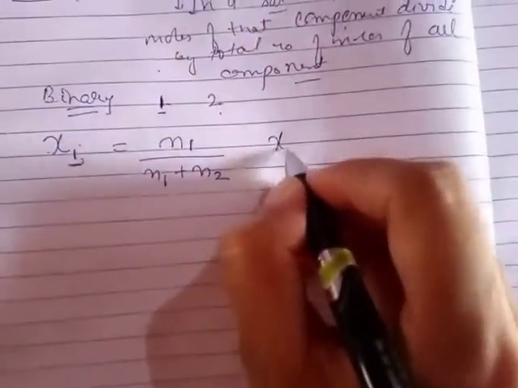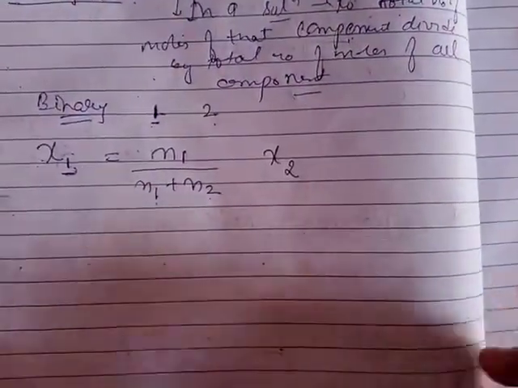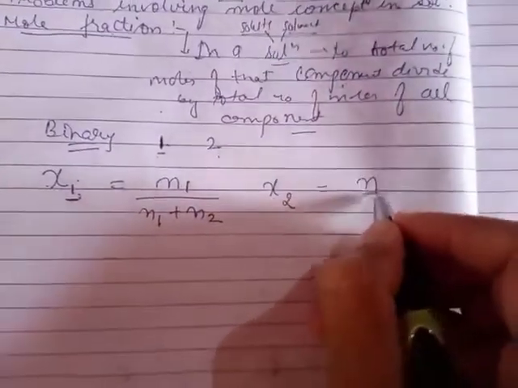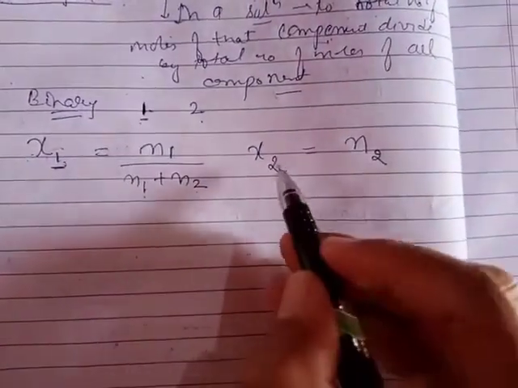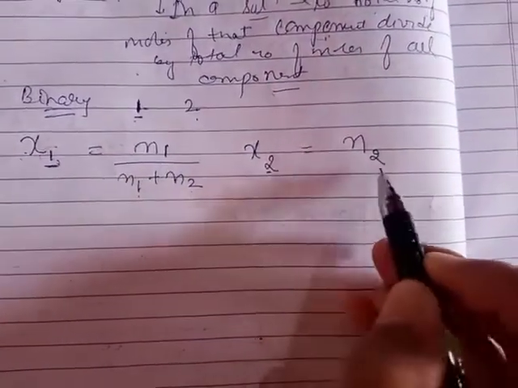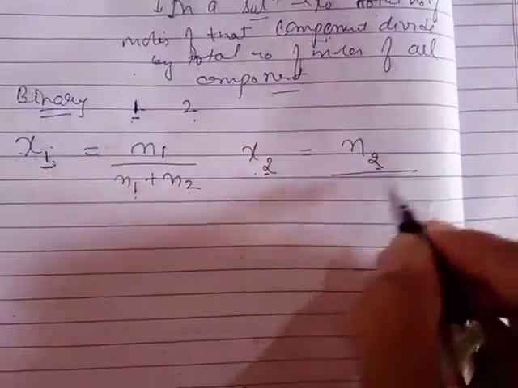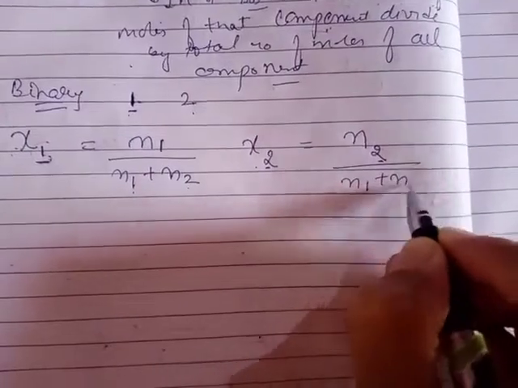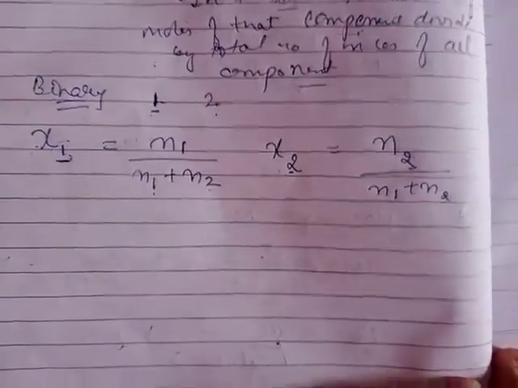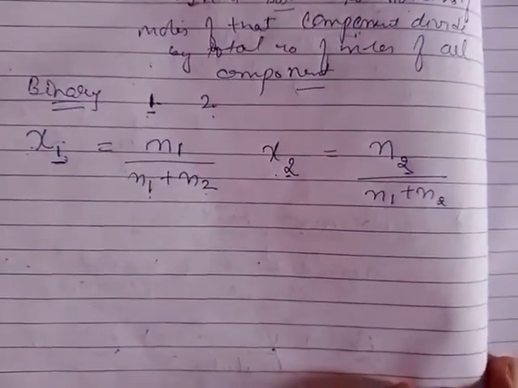Similarly, if we have to calculate the mole fraction of the second component, it is equal to the number of moles of the second component, x2 equals n2 divided by the total number of moles of all the components. Clear? And the sum of mole fractions is always equal to 1.